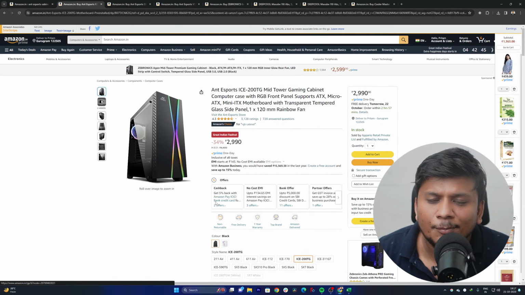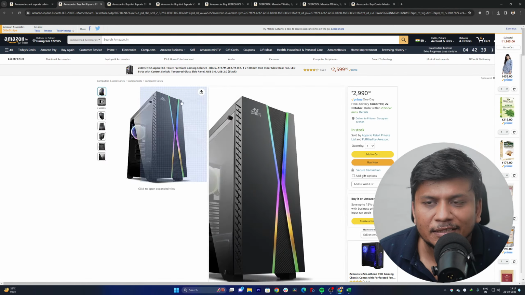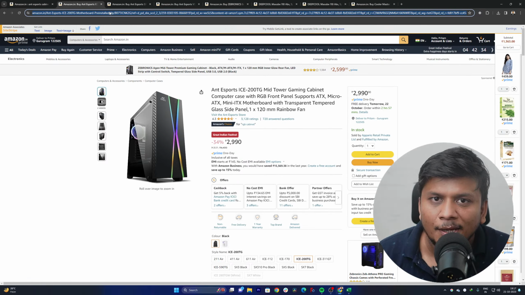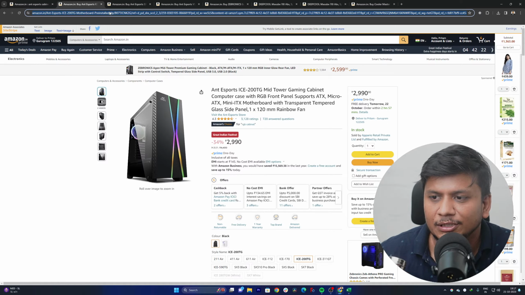I bought this one in the past, and I made a PC configuration, and this cost only 2,990. And from my personal experience, maybe this cabinet is not that huge, not that decent enough in terms of looks, but for sure it works, and it is really value for money, I would say.